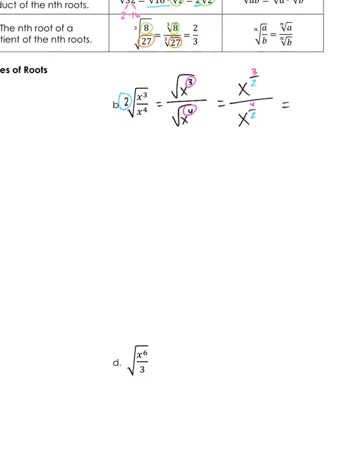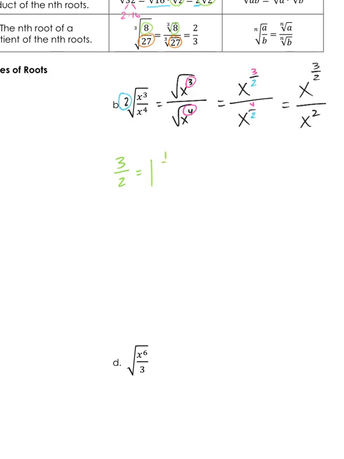So I'm going to go ahead and simplify those if I can. Now, I cannot simplify this 3/2 just yet, so I'm going to leave that as it is. But 4 over 2 gives me x squared. The next thing I'm going to do is take this 3/2 and convert that to a mixed number.